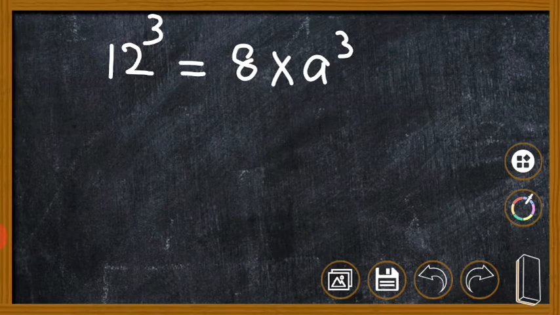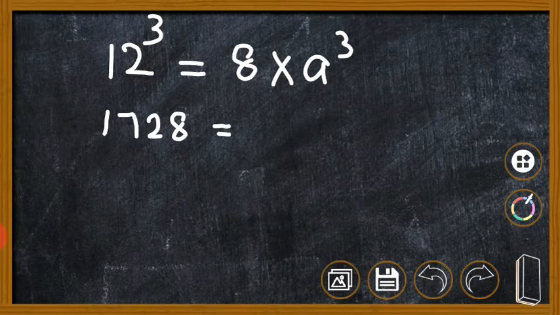So let us take the side of the small cube as a. And what is our question? What will be the side of the new cube? Now what is 12 cube? 12 cube meaning 12 into 12 into 12. So what is that? It is 1728 is equal to 8a cube.